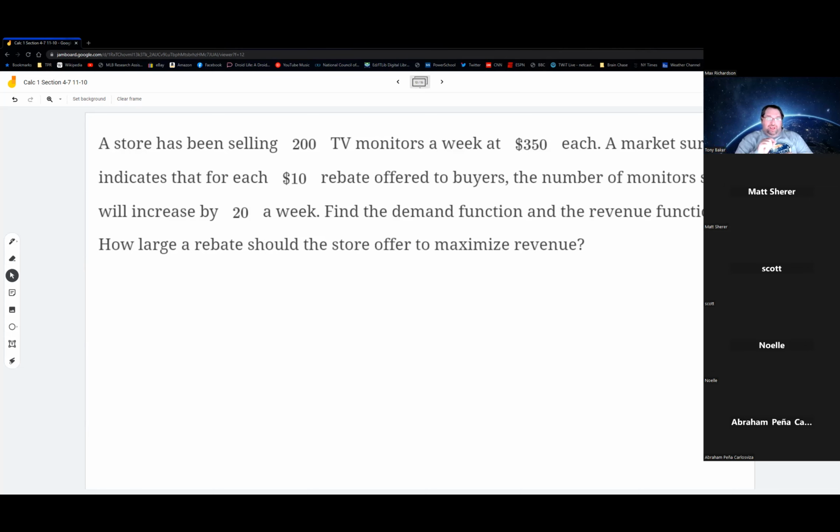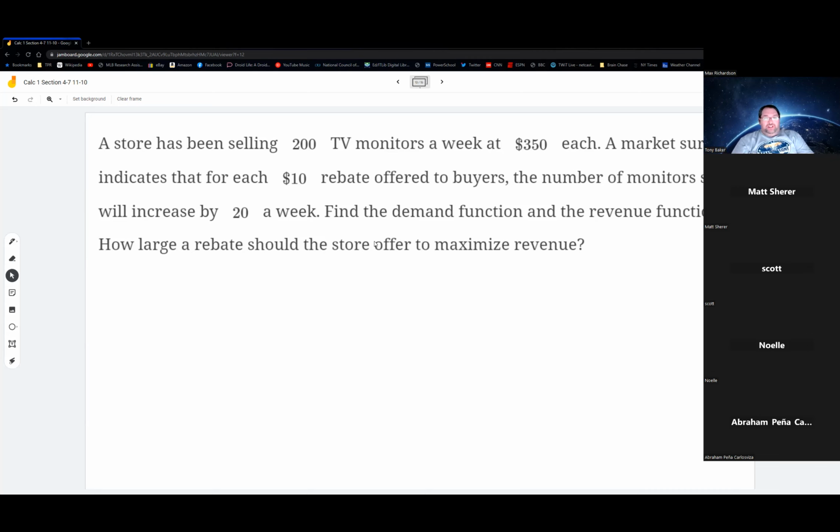The question is, what is the maximum price you can price something at that's going to sell the most and make you the most profit? That's what we're looking for, because after that point, it's going to start going back down. So that's what we're basically looking at in this case. Like I said, simplistic case.